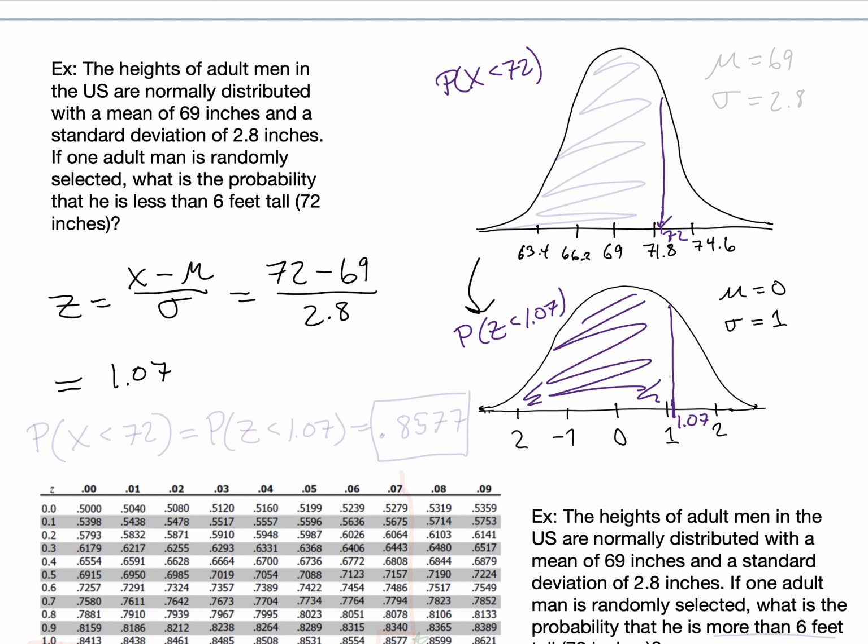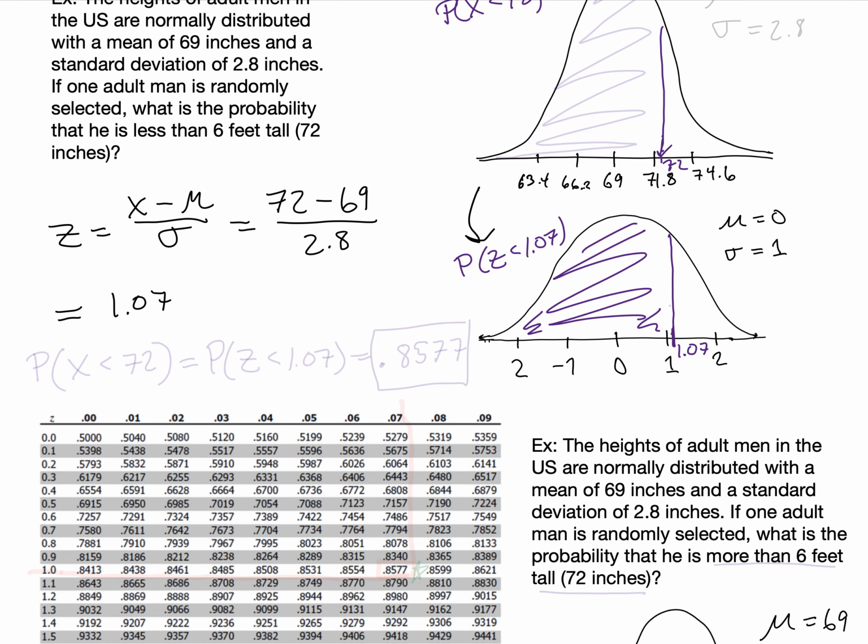So we can say 1.07. Remember that the first decimal place and whatever comes before it are in the rows, and the last decimal place is in the column. So we see where these two things match up. Our second decimal place, 0.07, matches up with 1.0 here.